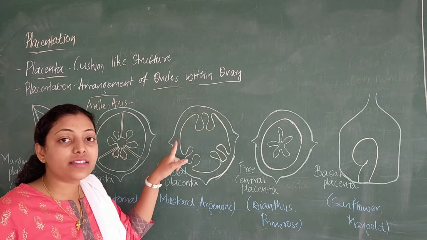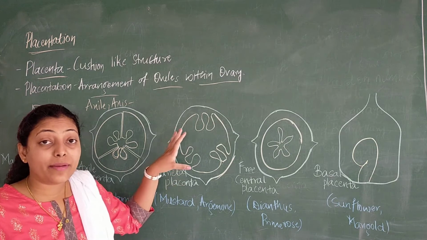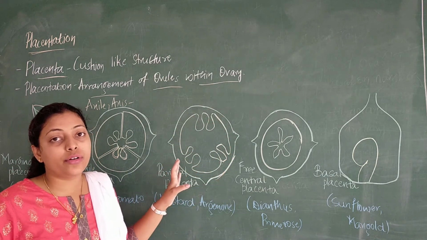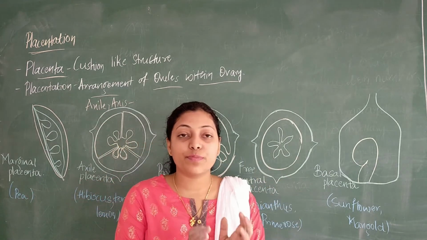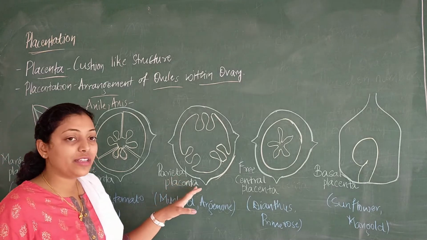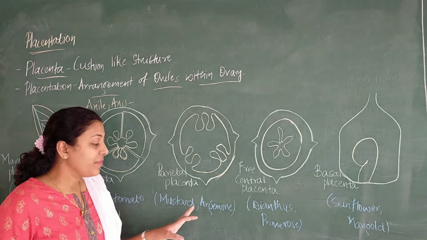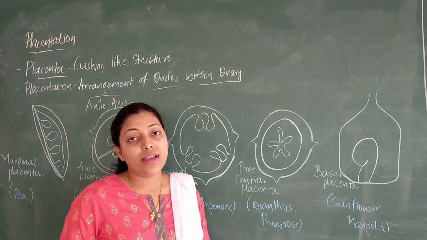In the entire circular ovary we find parietal placenta. The placenta is formed at the periphery of the ovary, and ovules are borne at this periphery, which is called peripheral or parietal placenta. You find this kind of placenta in mustard and argemone plants.